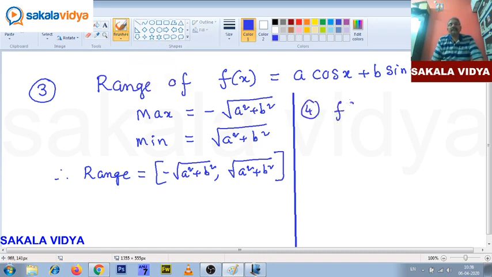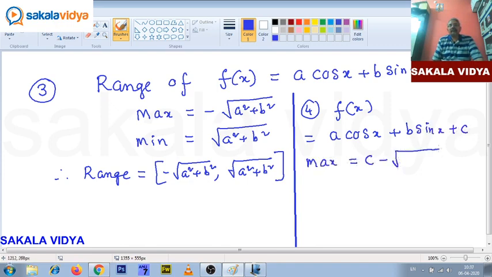Suppose f of x is equal to a cos x plus b sin x plus c, then the maximum value is equal to c plus root of a square plus b square. Here the minimum value is equal to c minus root of a square plus b square.